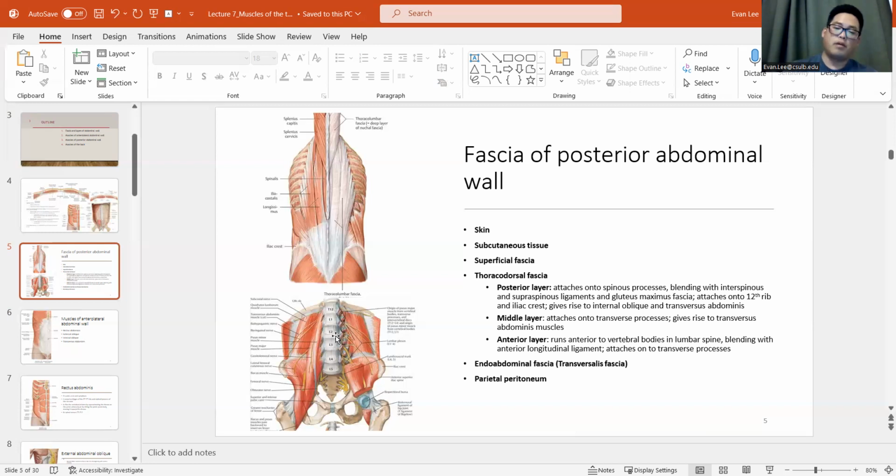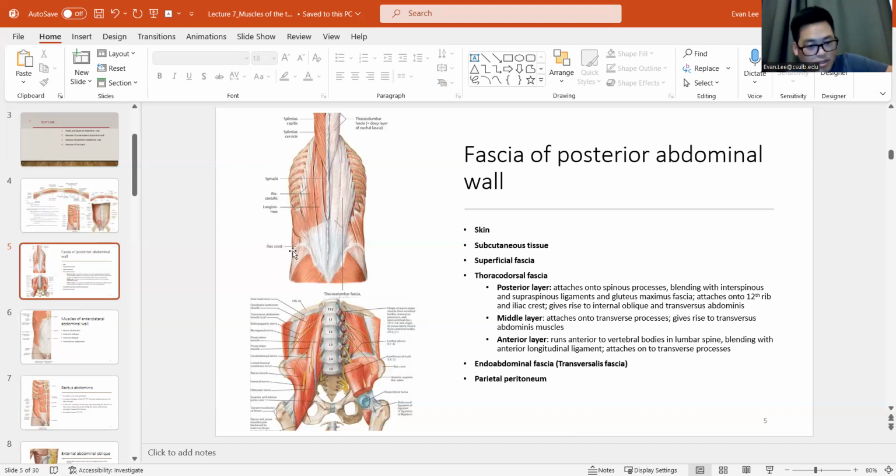Now, posterior layer, like I was saying, this is going to be the most superficial. This is the portion that you mostly see along the outside. But then you also have the middle layer, which is going to be connecting to the transverse processes.